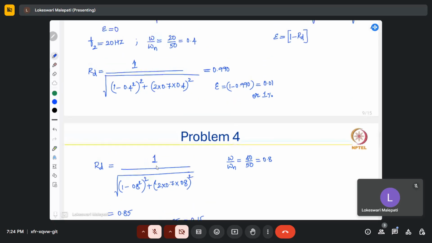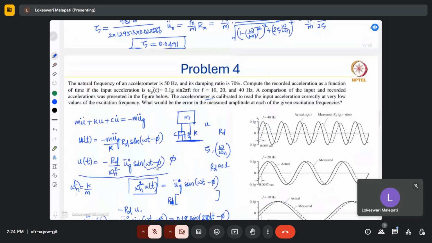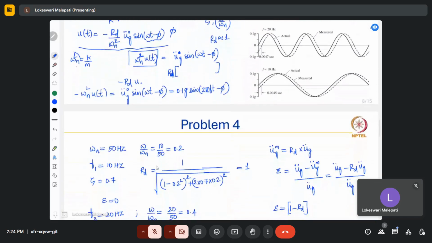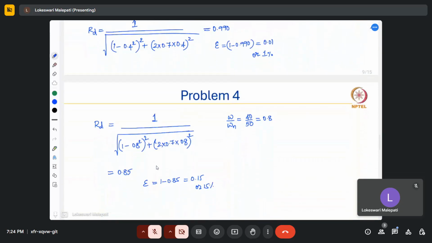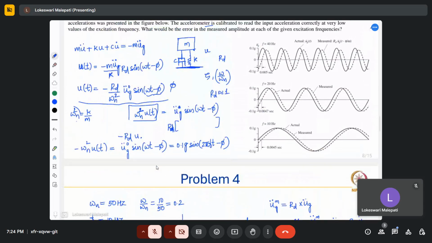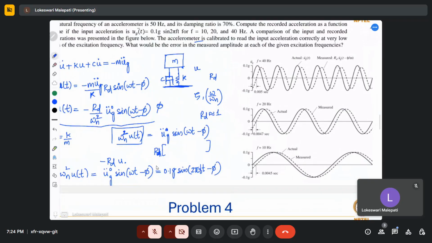That means 15 percent is a very high error which is occurring at a frequency of 40 hertz. That means when the frequency ratio is close to 1, the error is higher. It's very high.